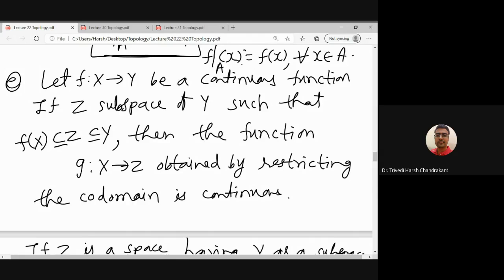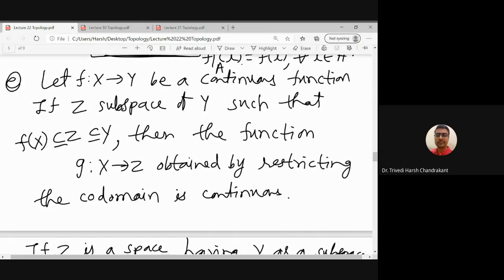This result says that if I have a continuous function f from X to Y, where X and Y are two topological spaces, and if Z is some subspace of Y, meaning it has a subspace topology coming as a subset of Y, such that f(X) is a subset of Z, subset of Y.